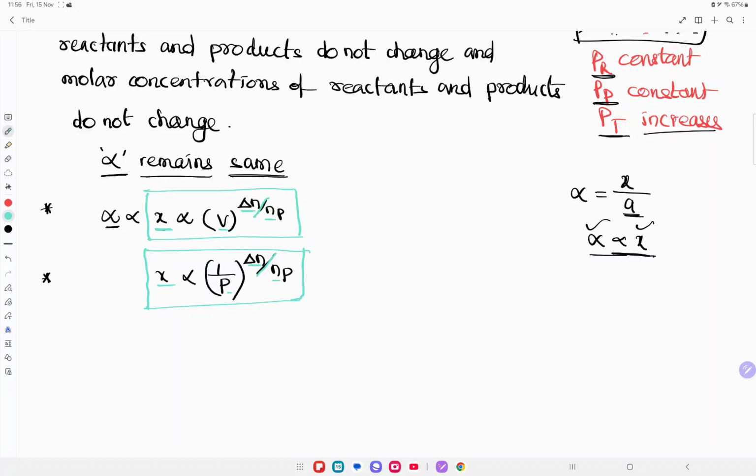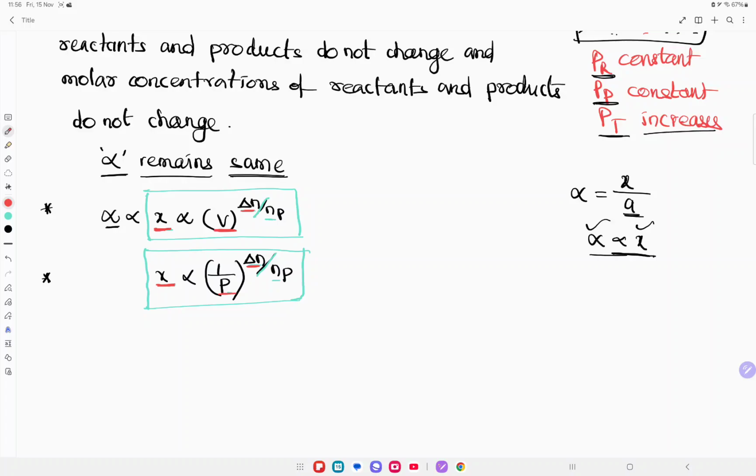So here, to explain the effect of volume and the effect of pressure on the degree of dissociation, what is the factor?